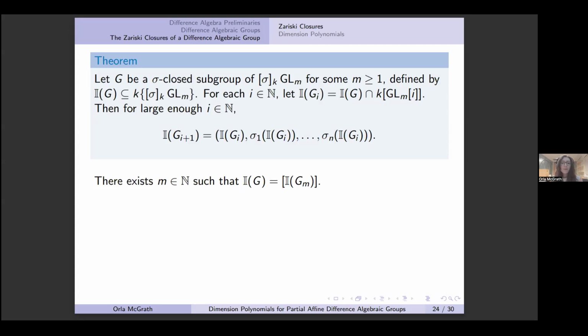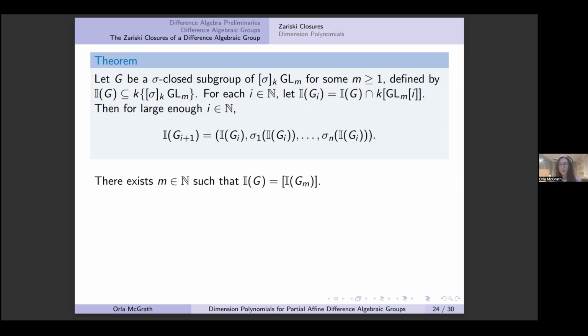Immediately from this, we can then find some natural number that difference generates our defining ideal IG, and we can call it M, a different M to the GLM. But essentially, we know that this IGM would be an ideal of a polynomial ring in finitely many variables.